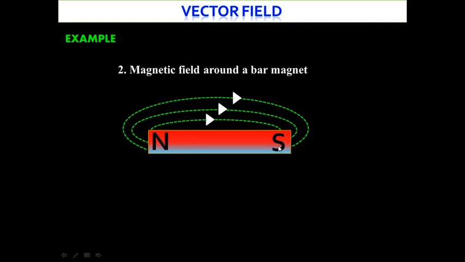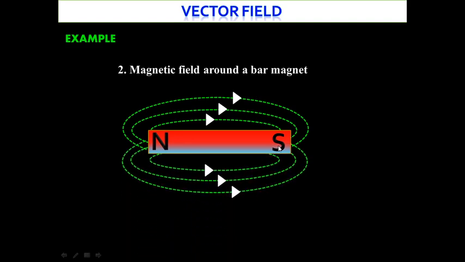Similarly, in the downward position, the direction of the magnetic lines of force is from north to south. This white arrow represents the direction of the magnetic lines of force, so the field direction is from north to south pole. This can be represented by the magnetic field vector, which has a direction from north to south pole. Therefore the magnetic field around a bar magnet is an example of a vector field.